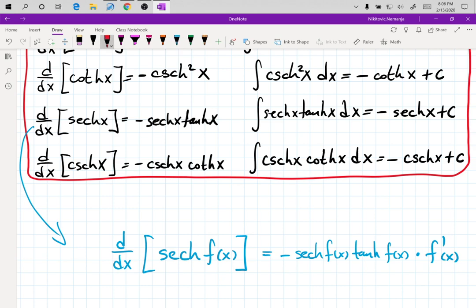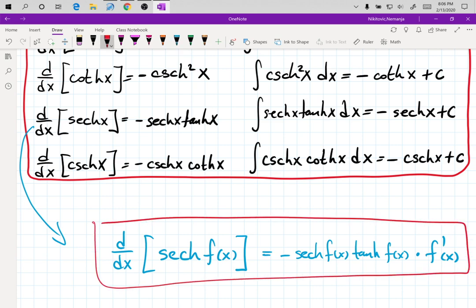So that's how you're going to deal with it if the function is not just x, like linear, but anything else. You will have to copy the same function here and here, and then times the derivative. That's the chain rule part.